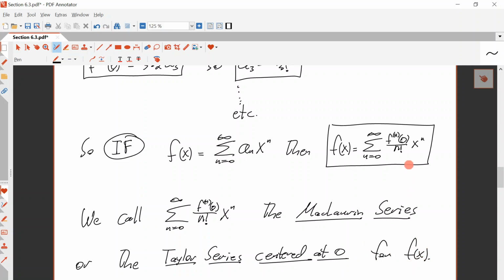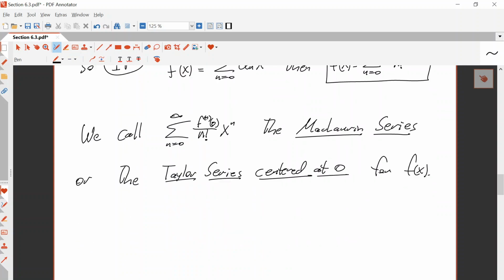So this is either called the Maclaurin series or the Taylor series centered at 0, or just the Taylor series. If f of x has a power series representation, then that's it. These are those coefficients.